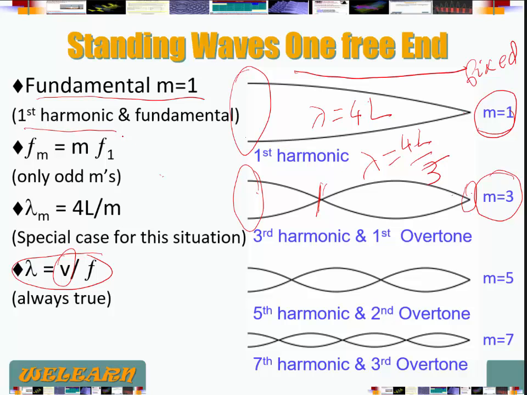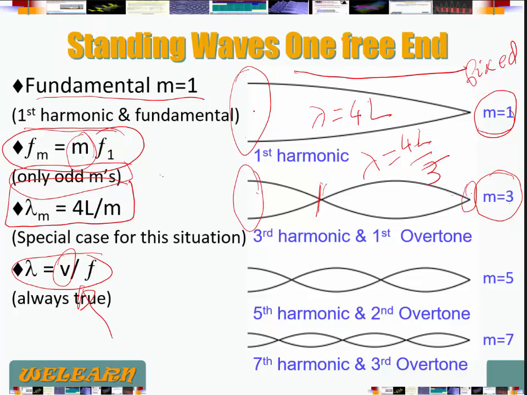Now the relationship for all frequencies is going to be f sub m is equal to m times f1, where m's are only odd numbers. So it's going to be 1, 3, 5, 7, 9, etc. Then the value for the wavelength is given by this. Remember, we always have this expression. That's always true.